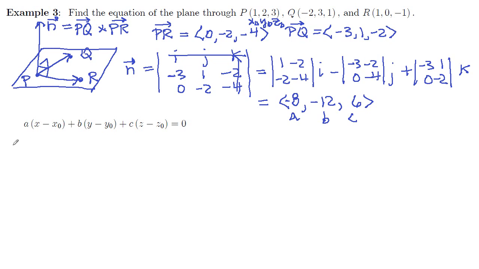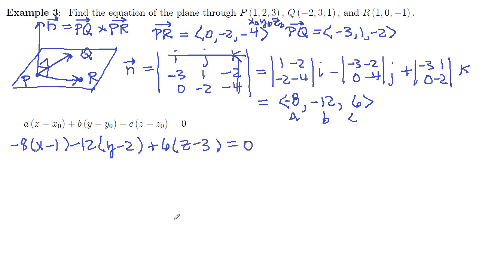So A, negative 8, and then B, negative 12, and then C is 6, and then it'll be x minus 1, y minus 2, z minus 3, and then 0 on the right-hand side, and we've got it. So there's our scalar equation.